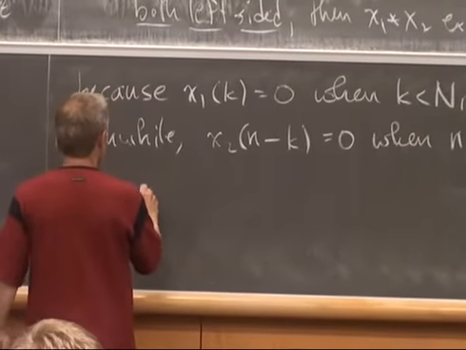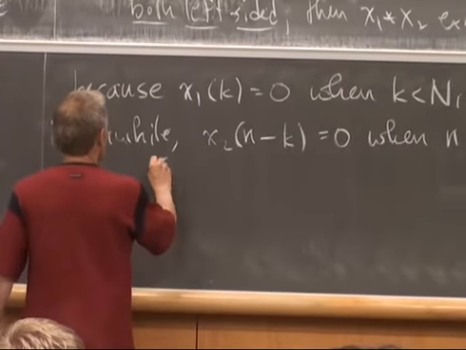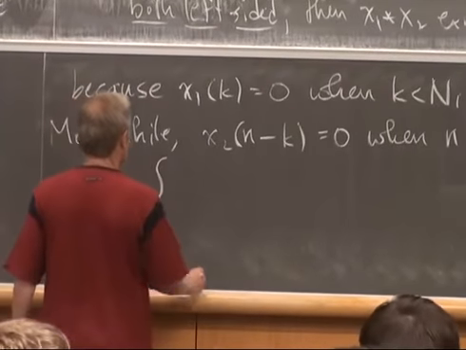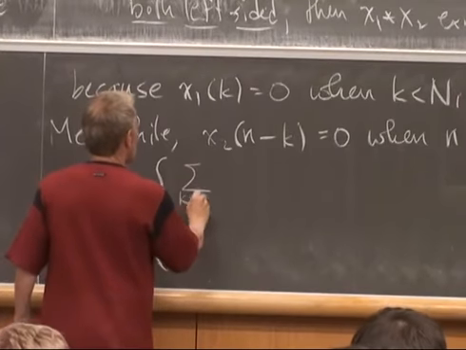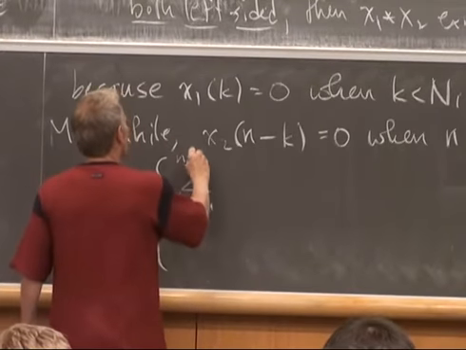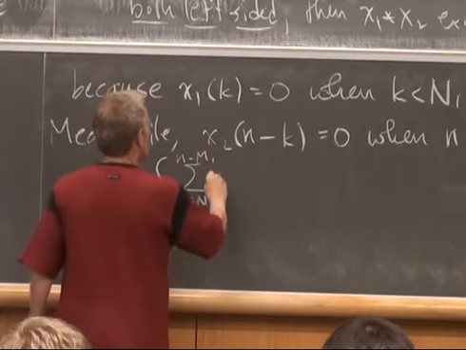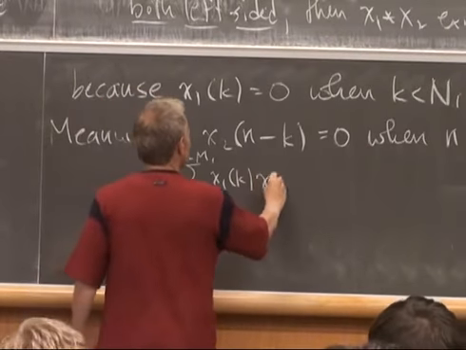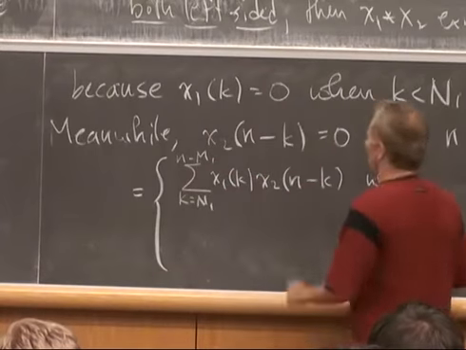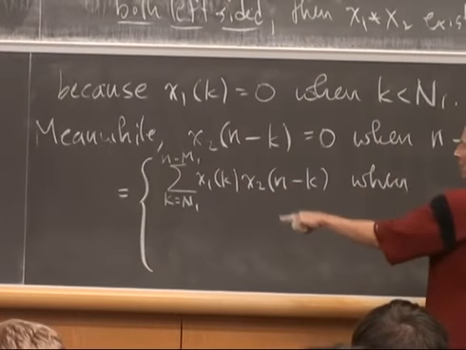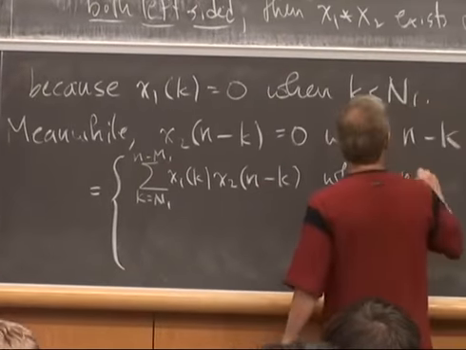But it turns out it's a little more subtle. So let me break this up into two cases. It's the sum from k equals n1 to n minus m1, x1 of k, x2 of n minus k, when n minus m1 is bigger than or equal to n1.